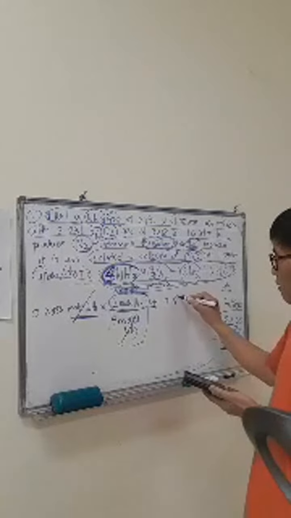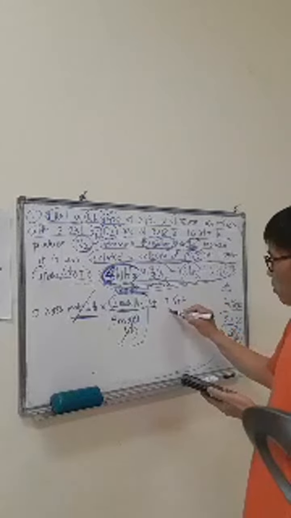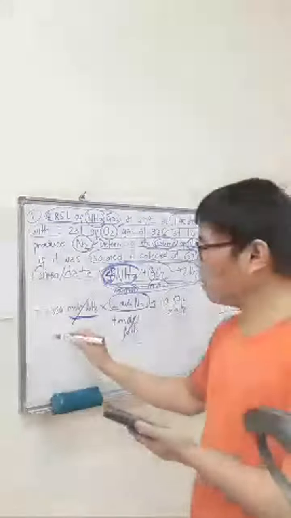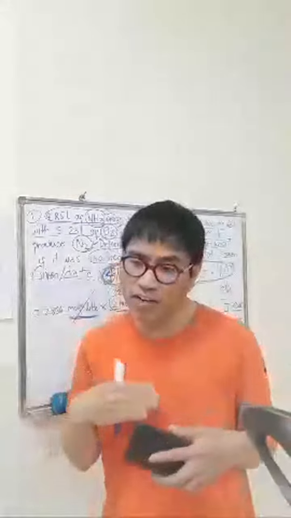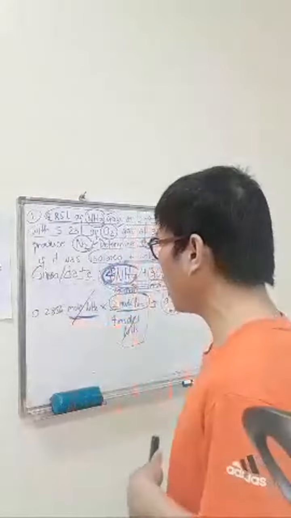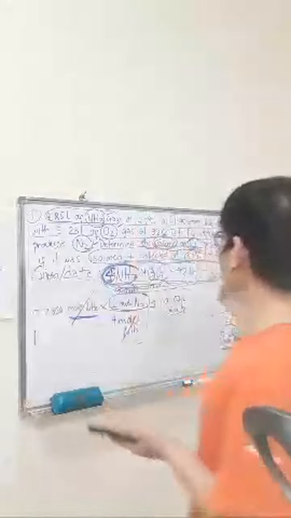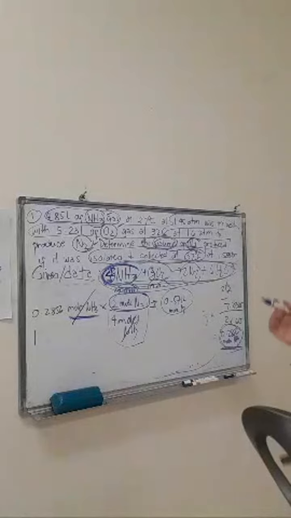So, 0.5712 moles of N2, we will use this now. PV equals nRT, but in this case, it is the PV equals nRT of nitrogen. So, the pressure of nitrogen is being mentioned there: produced, collected at 1.52.